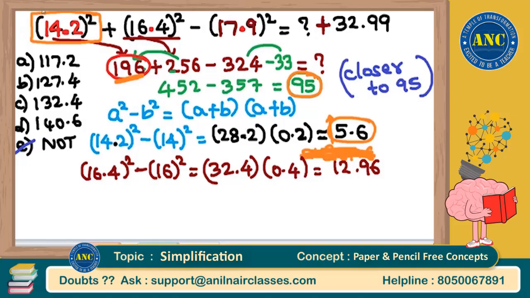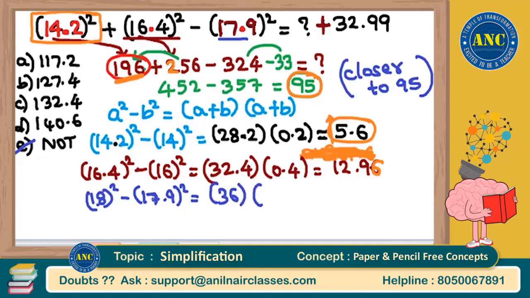That means 16.4 whole square is nothing but 256 plus 12.96, right? 256 plus 12.96. Similarly, 18 square is what I took, and I wrote it as 324. 17.9 whole square, right? 17.9 whole square. 18 plus approximately 18 is 36.